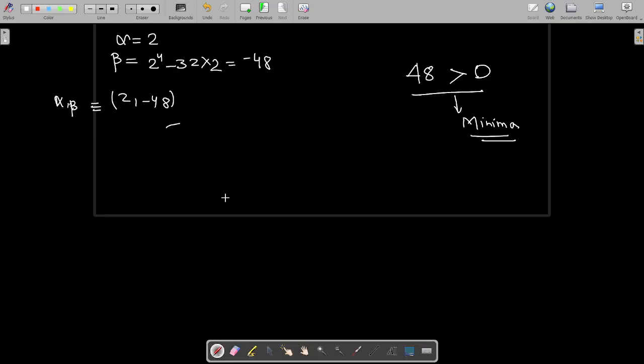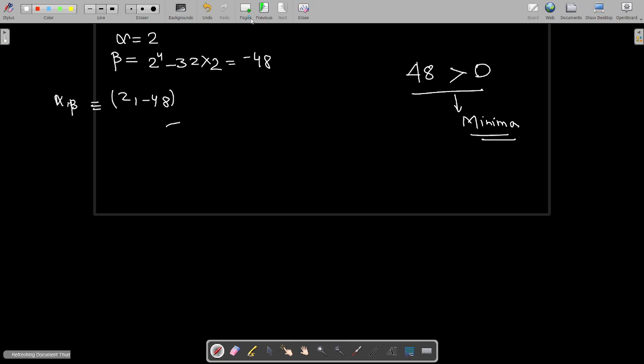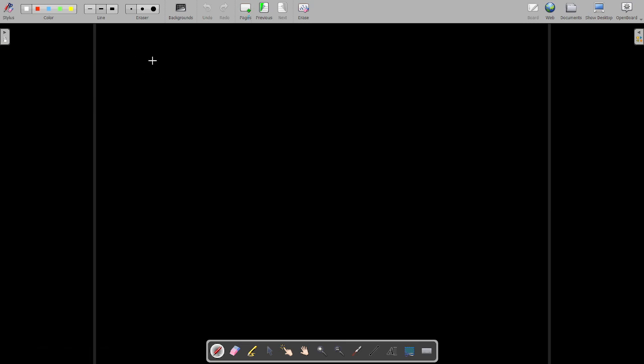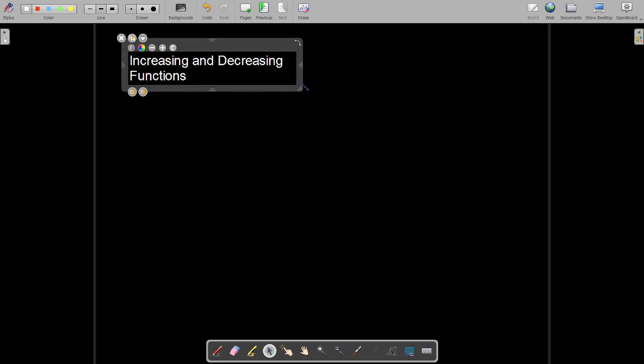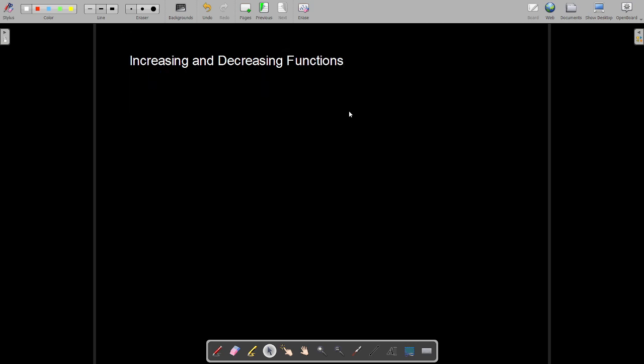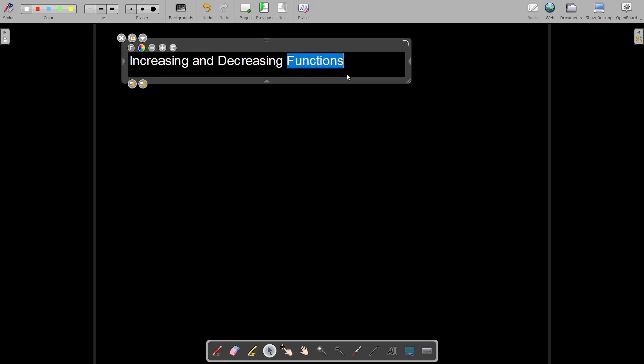Now there is something called an increasing function and a decreasing function. It's all the applications of derivatives, increasing and decreasing functions. You just have to know the first derivative.